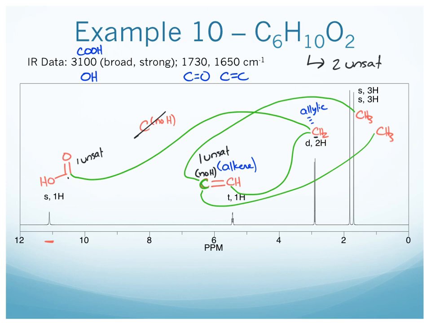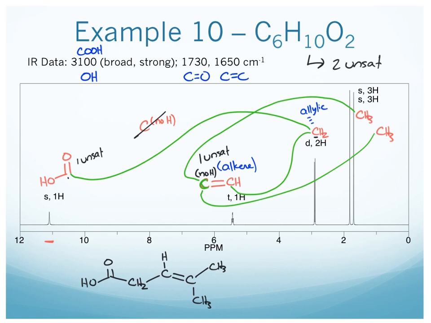Okay, so let's try to straighten this up a little bit. Here's our carboxylic acid. It's connected to the CH2. That's connected to the alkene carbon that has 1 hydrogen. And then here's our alkene carbon with no hydrogen, which has methyl groups attached.